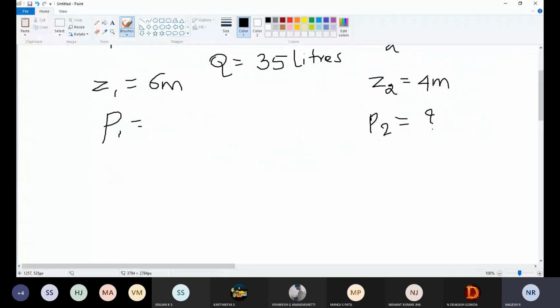Pressure at section 1 is 39.24 Newton per centimeter square. So now this is the given data. I will make a note here, data of that problem.